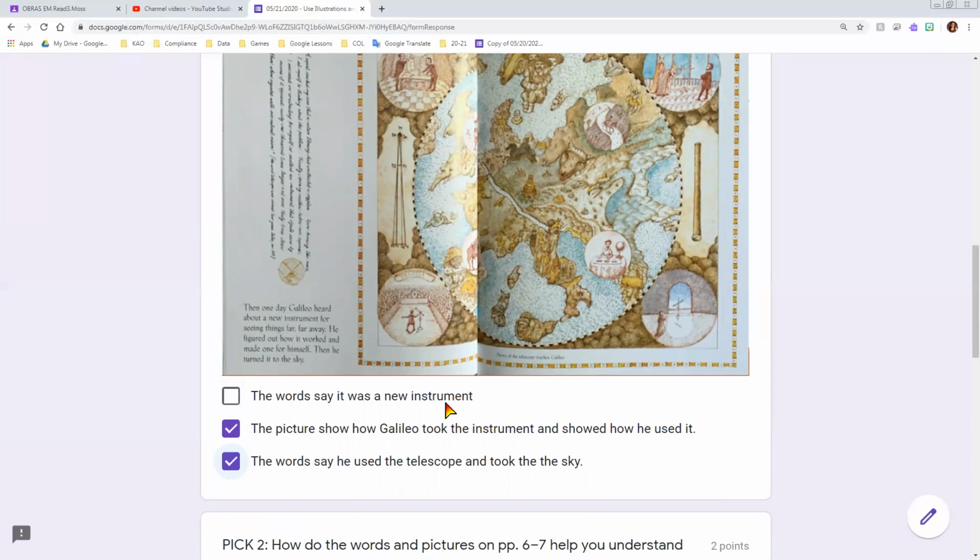Yes, it was a new instrument, so it's definitely brand new. They're still trying to figure out exactly how it works, maybe. They had just made it. But I think this one makes the most sense because it describes what Galileo did.